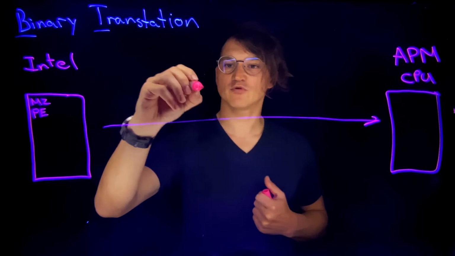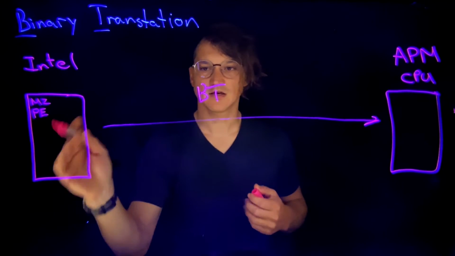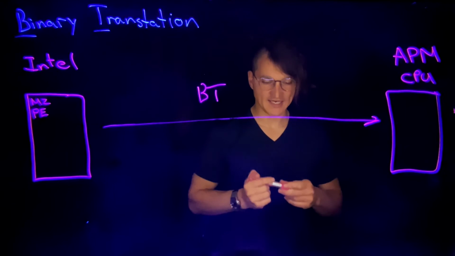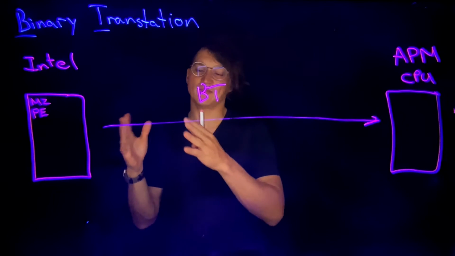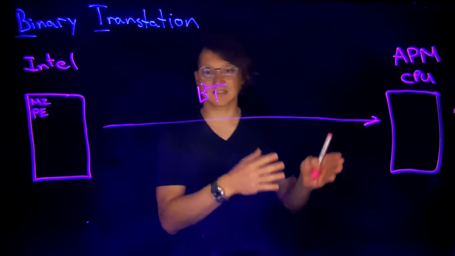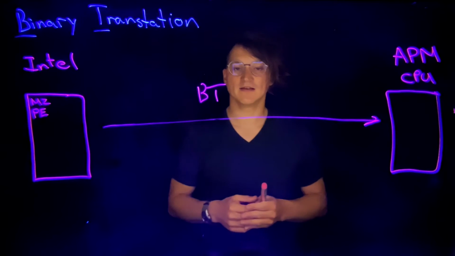So it would perform the binary translation from one assembly instruction set to another, so that a program compiled for an Intel CPU laptop could actually execute on ARM or maybe some other processor.